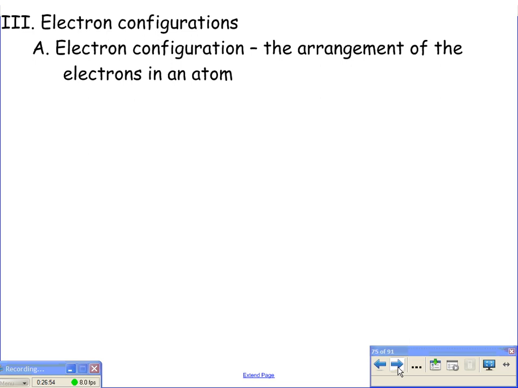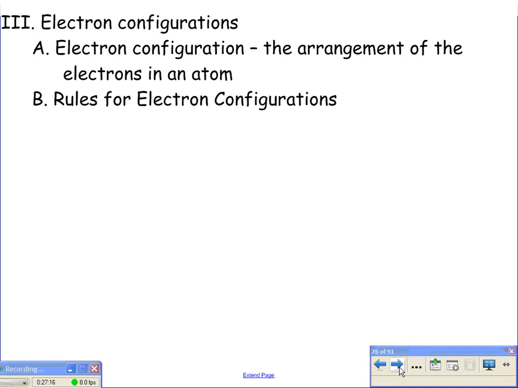So an electron configuration is basically just telling exactly where you find all of the electrons for that particular element. There are some rules that we need to be aware of.